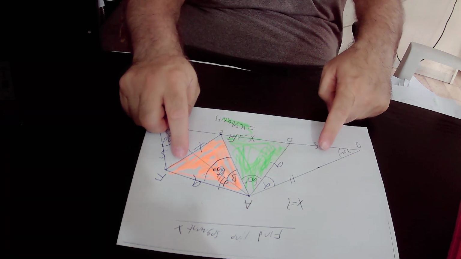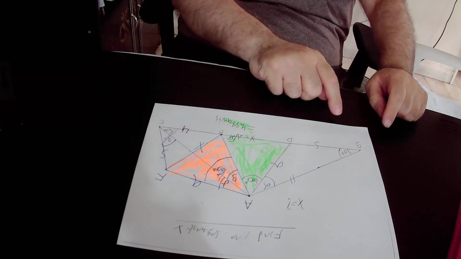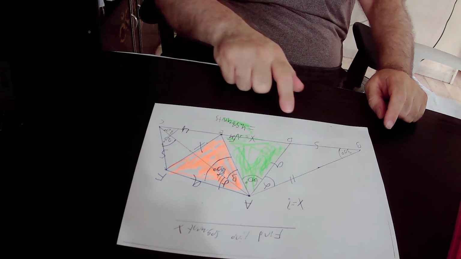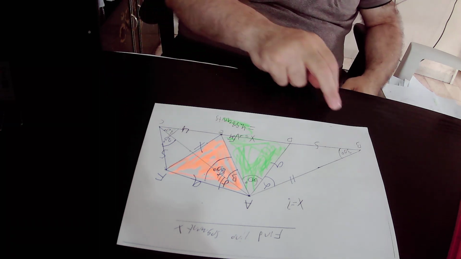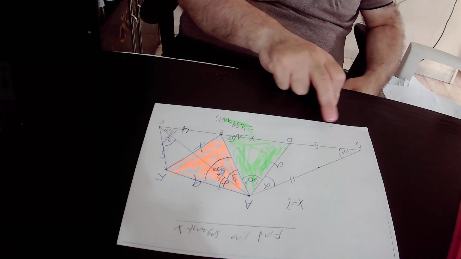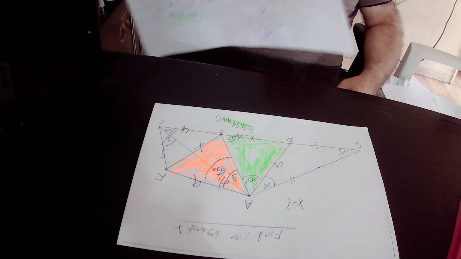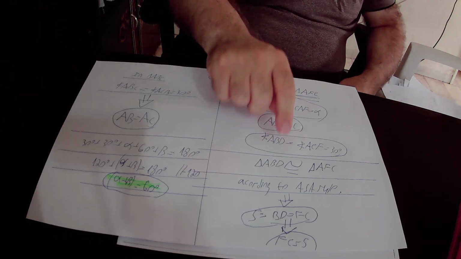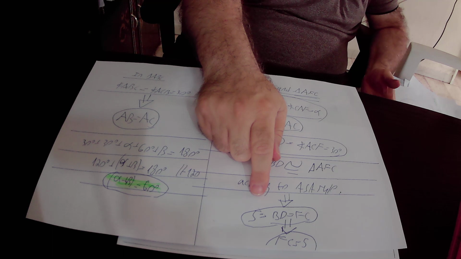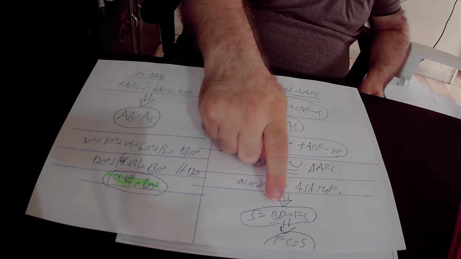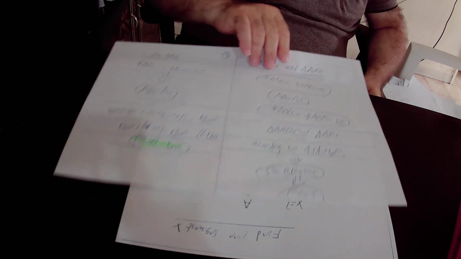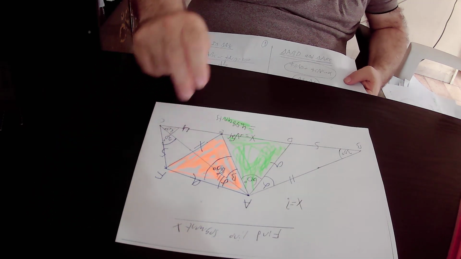Those two triangles can go into each other, therefore the two corresponding sides, BD and FC, must also be equal. But according to what is given in the question, side BD equals 5 units. So we can write here that BD equals 5, and from the equation 5 equals BD equals FC, we derive that side FC is also equal to 5 units.